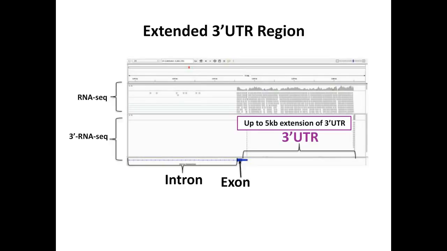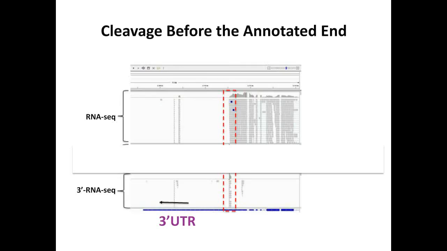It shows that there is no gene here, but obviously all these RNA-seq reads belong to the gene that ended here. So this gene needs to be extended further because both RNA-seq and 3' RNA-seq show that there is expression in this area.